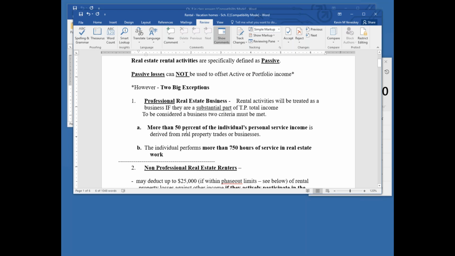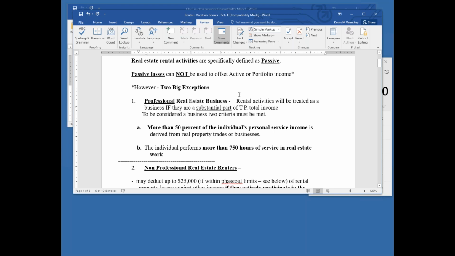As long as that takes up more than 50% of your working hours, and you have worked at least 750 hours that year in the rental real estate business, and you'd have to be able to document that.